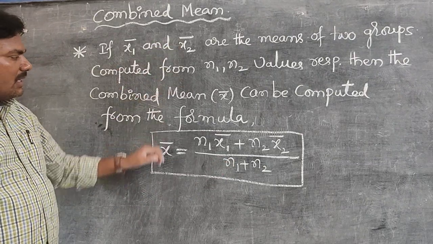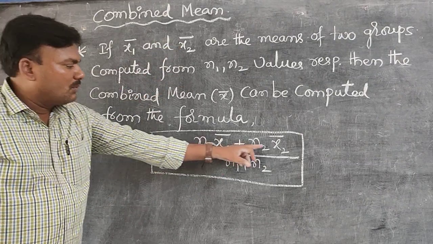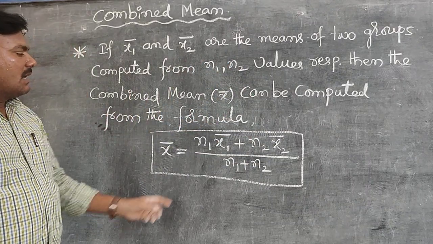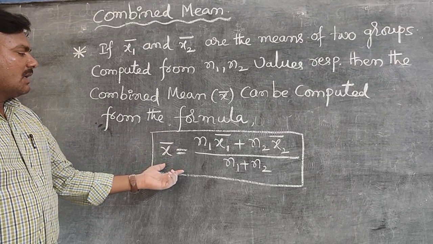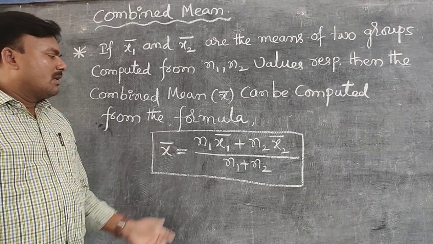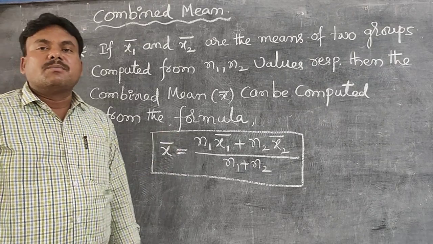Here x1 bar and x2 bar are the means of the two groups, and n1 and n2 are the numbers of values. Using this formula, how do we find the mean? We are discussing the following problems.